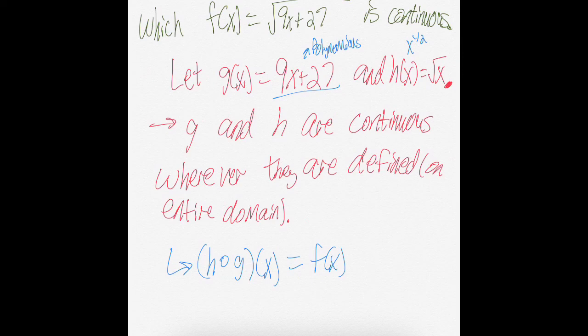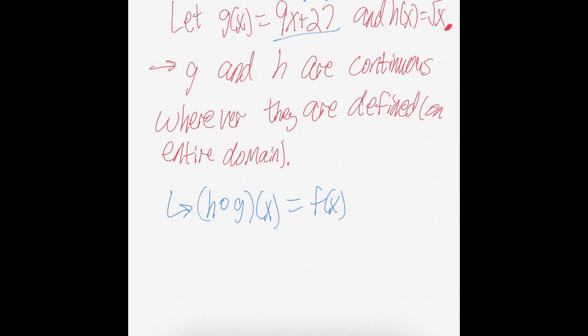If I start with g of x, that gives me 9x plus 27, and then I apply h of x, so I get the square root of 9x plus 27, which is exactly what f of x is. Well, that means that this function is continuous over its entire domain.